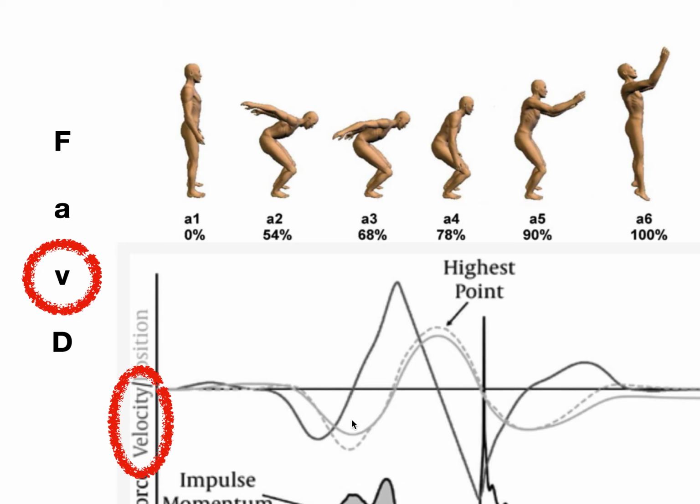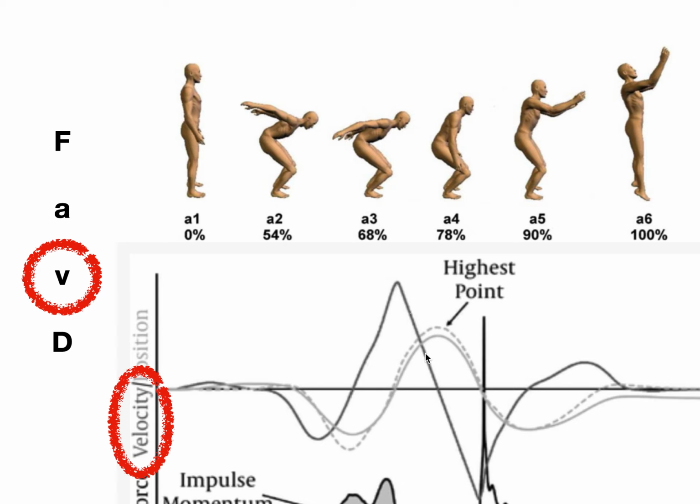And the entire part is going down. Then this part is 0 velocity, which is at the lowest point of your descending phase. And then you're ascending here. And then take off. So this is the highest velocity you can get from the ground.